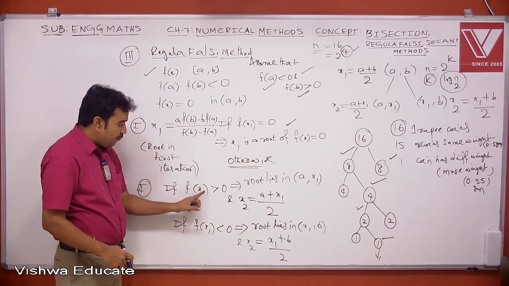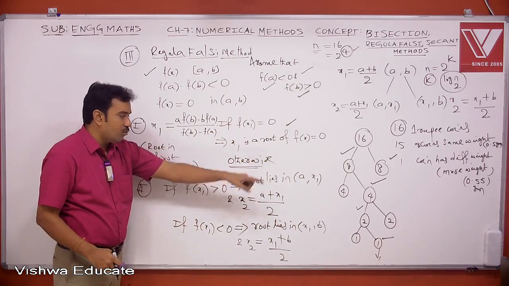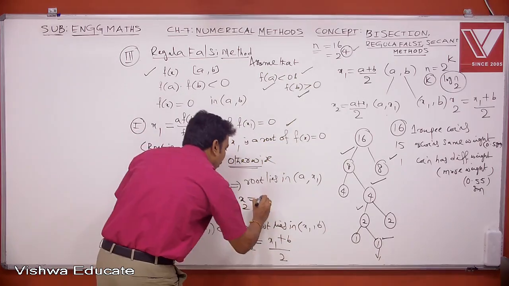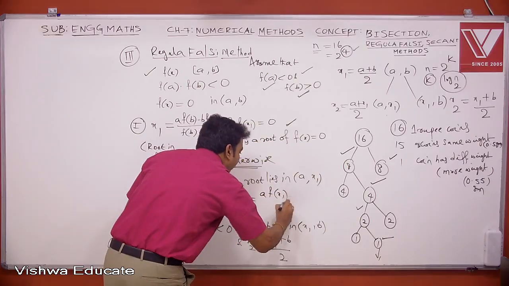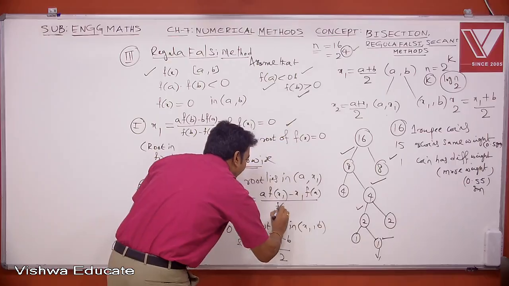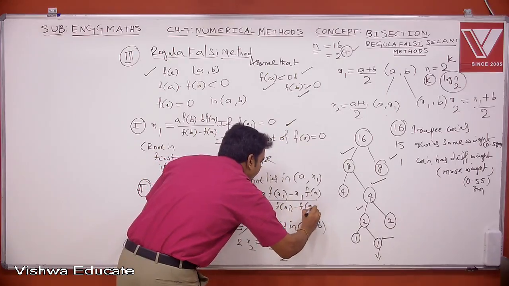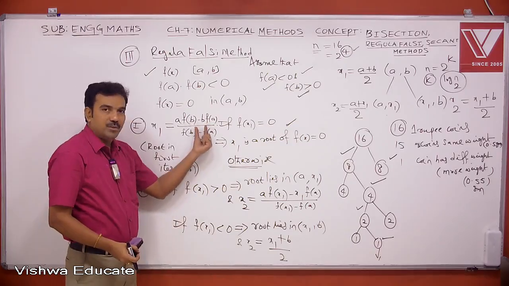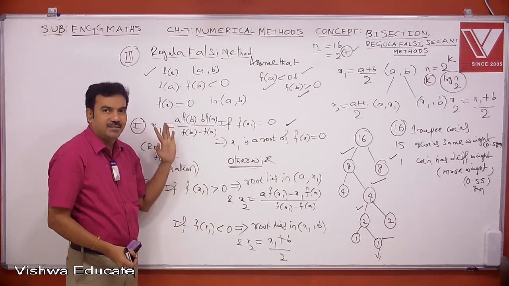Otherwise, if f of x1 is greater than 0, the root lies in the open interval a comma x1, and in this case the value of x2 is a into f of x1 minus x1 into f of a divided by f of x1 minus f of a. So the formula will be similar to this; the procedure is exactly the same.